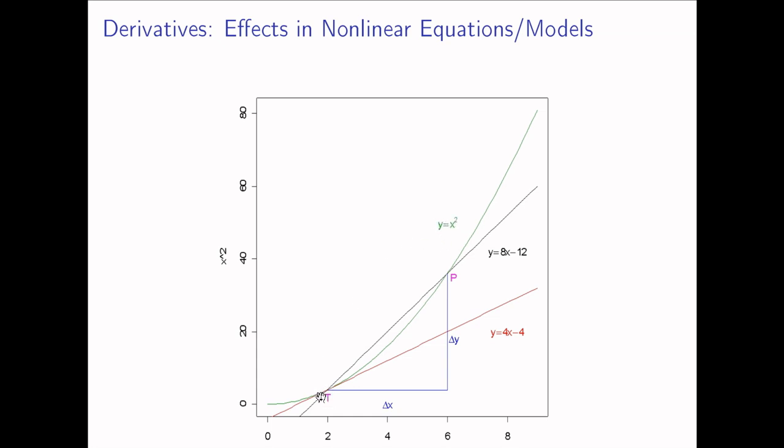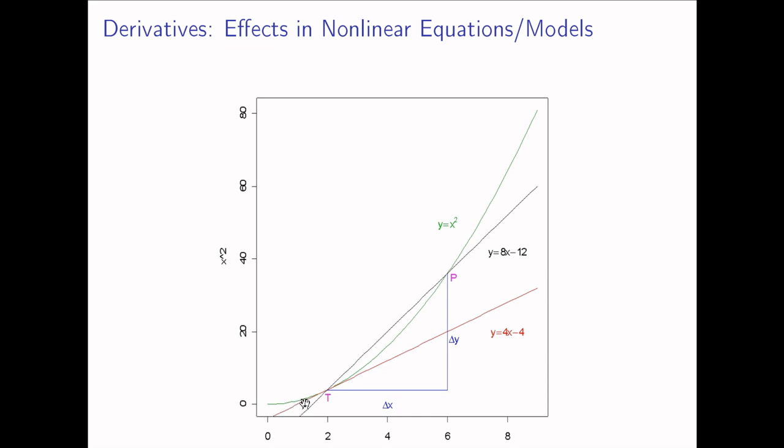Why are we interested in the instantaneous effect of x on y at a certain point? Because at every single point, the effect of x on y is different. When we increase x along this curve, we will see that the effect becomes greater and greater. When x is small, the effect is small.